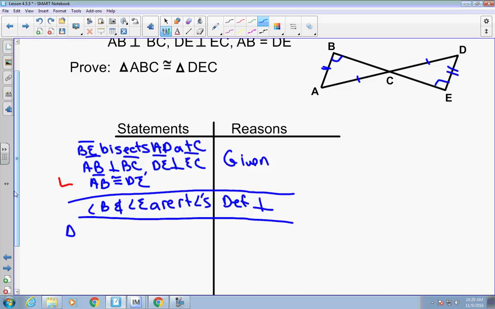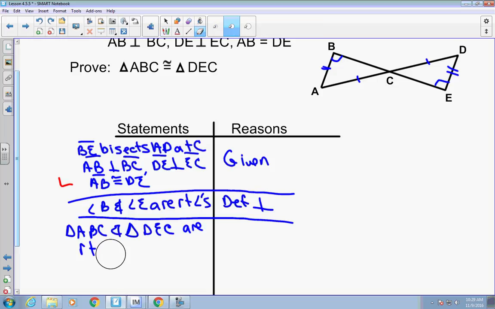Right. So triangle ABC and triangle DEC are right triangles. And that would be the definition of right triangle.